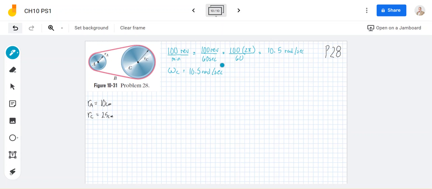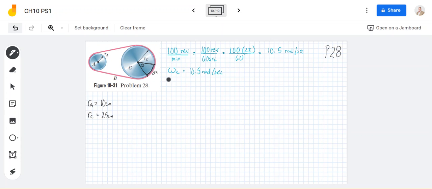So the question is, what is the linear speed of the belt on the outside of C? One of the things we remember is that if you think about this wheel as it goes around, if it completes this angle, the belt has moved this distance, from here to here.